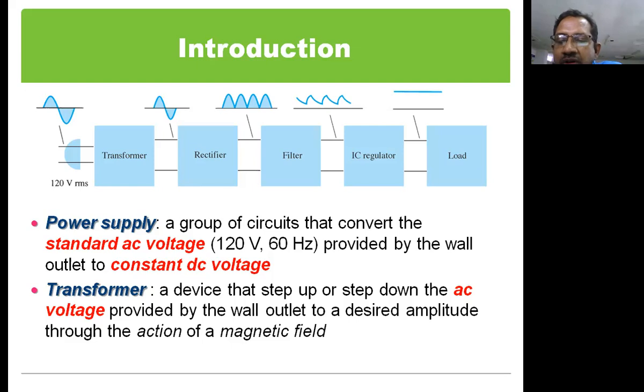A mobile charger can be called an adapter. The adapter takes the input from the AC mains and supplies a constant DC voltage to the electronic gadget, the mobile phone. That means the internal resistance of the mobile phone acts like a load resistance for the power supply unit under discussion now. So that is basically the entire block diagram of a power supply unit.